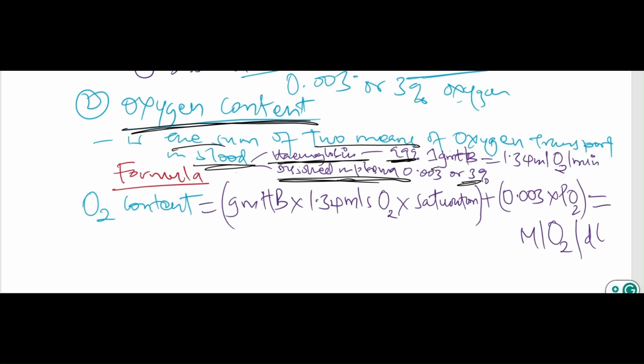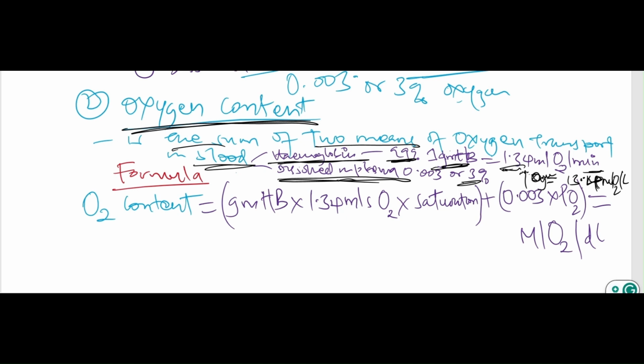And 1 gram of hemoglobin can carry a maximum of 1.34 milliliters of oxygen. So, assume you have 10 grams of hemoglobin, that means you will carry 13.4 mils of oxygen per liter.